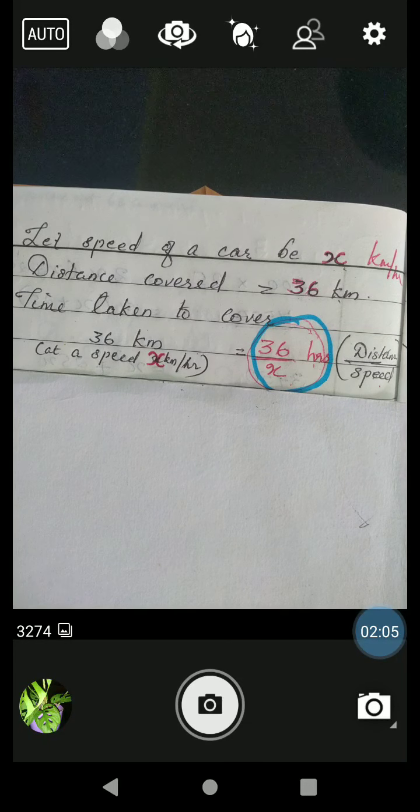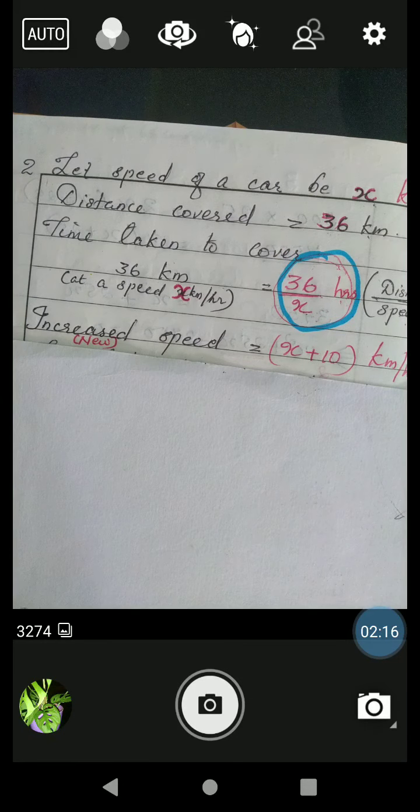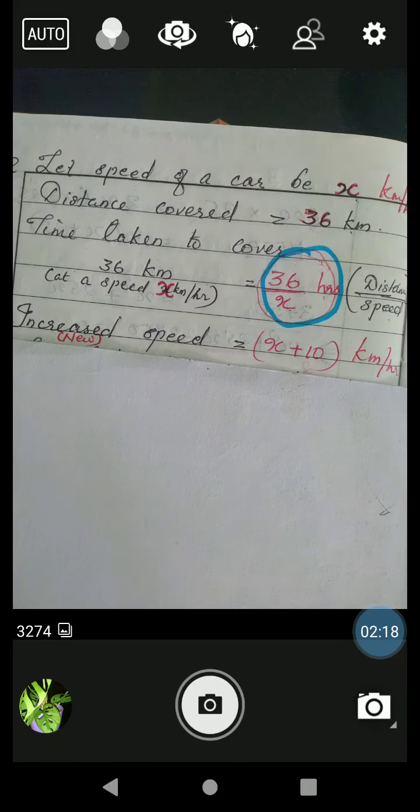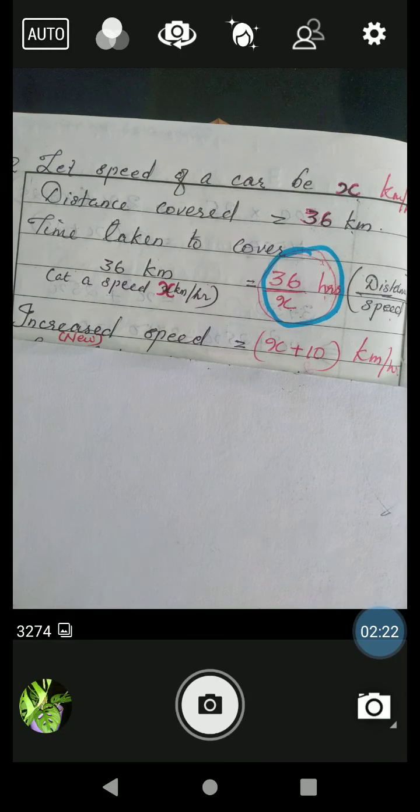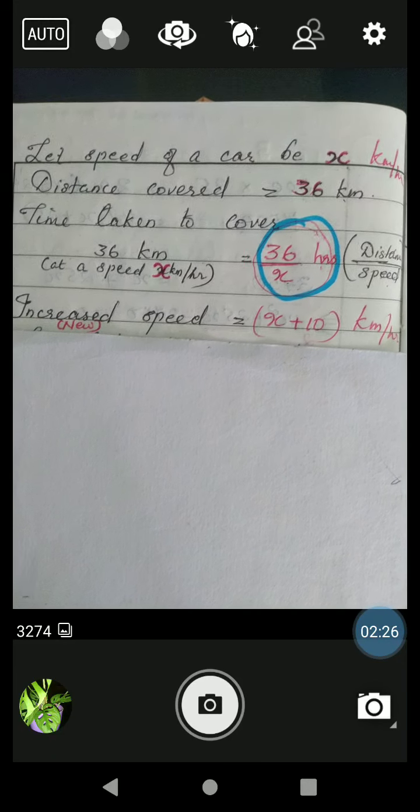And if the speed of a car is increased by 10 km, now we can write the new speed. What is the new speed or increased speed? That is, original speed is x km per hour and increased speed is x plus 10 km per hour.